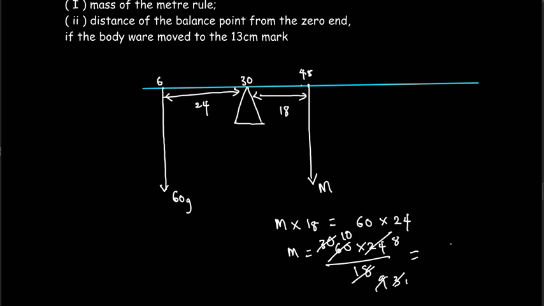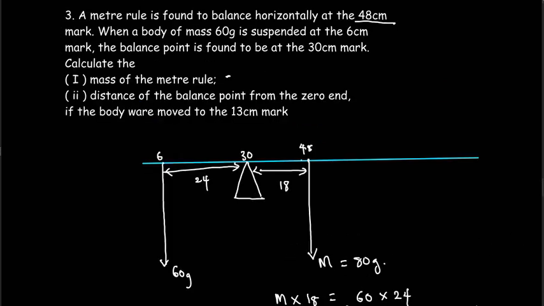So I'm left with 10 times 8, which is 80 gram. So now we know that the mass is 80 gram. We finally got the mass of the meter rule, 80 gram.